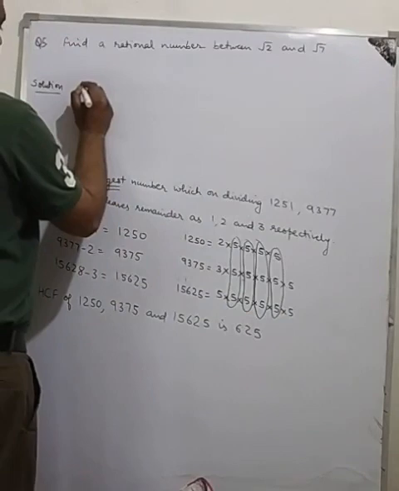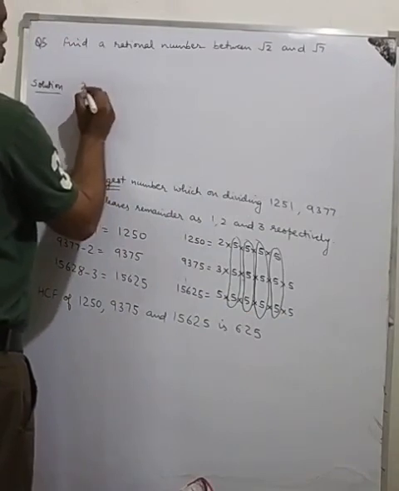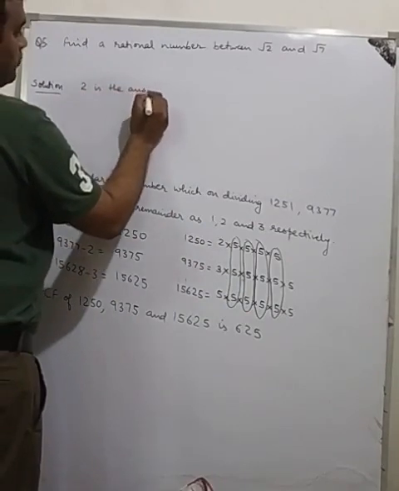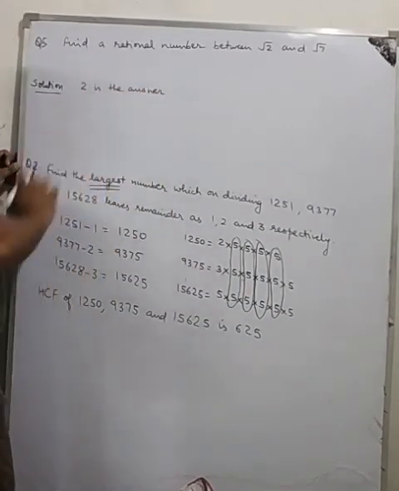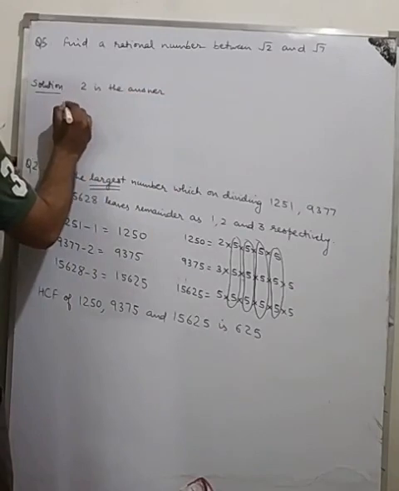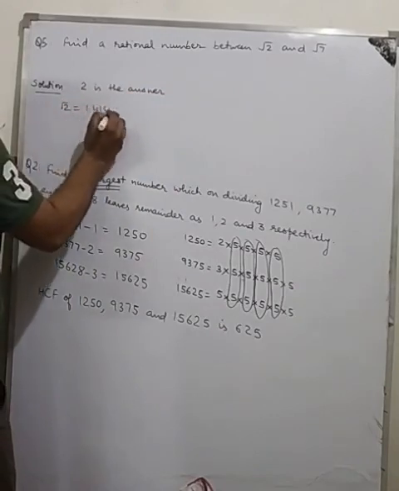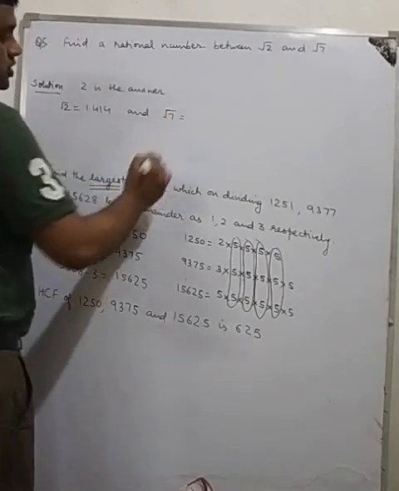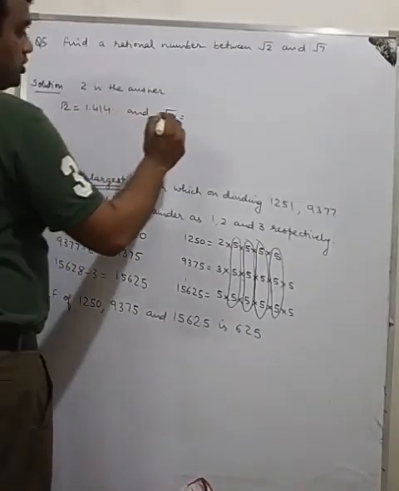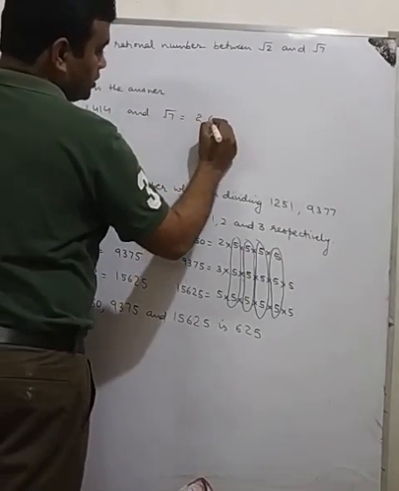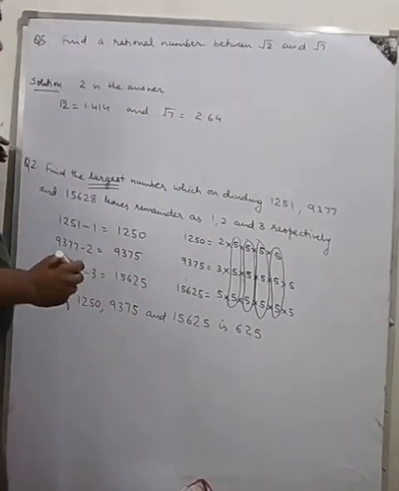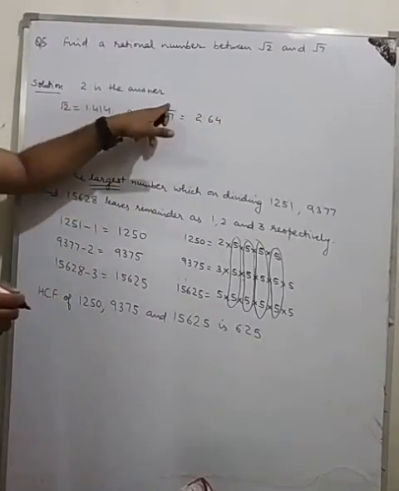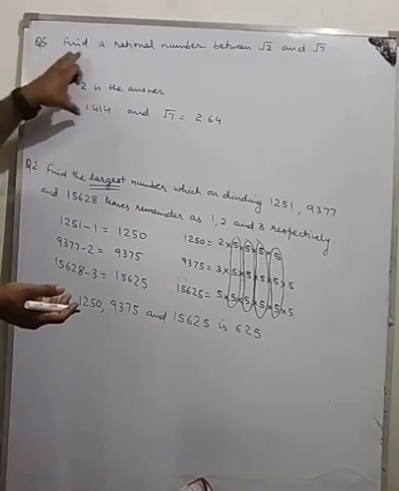So I will write 2 as the answer, because root 2 is 1.414 and root 7 is 2.64.